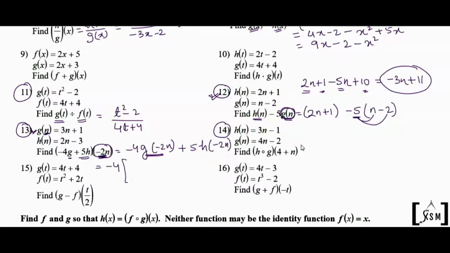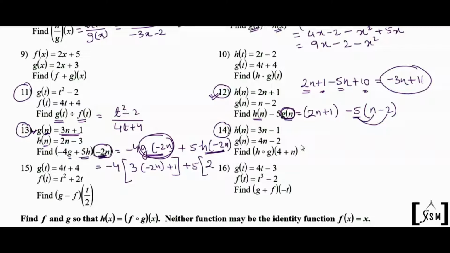Negative 4 and g of minus 2n I'm replacing. In place of n, I'm writing minus 2n. So I will get 3 times minus 2n plus 1. And plus 5, and this is h of minus 2n. So for the h function, in place of n, we replace minus 2n.